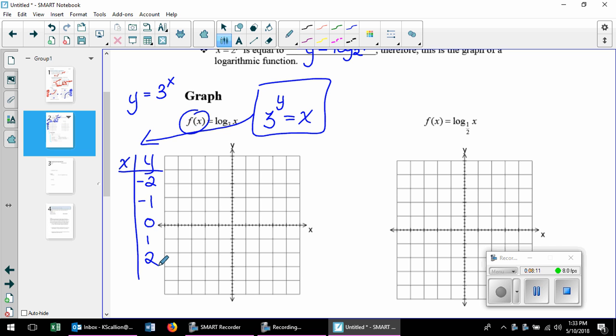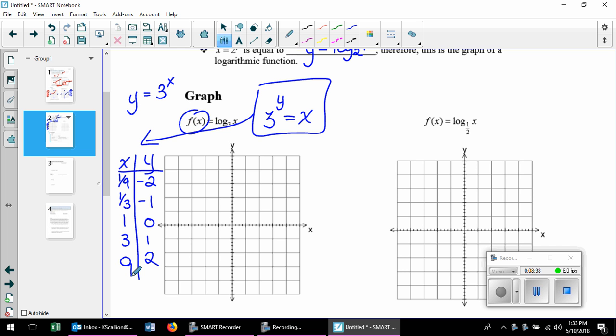Okay. So now knowing that, if y is -2, we know x is 1/9, 1/3, 1, 3, and 9. Because I want you to put 2 into this equation.